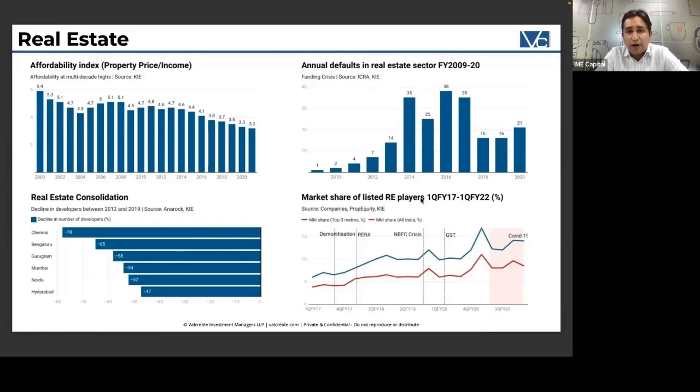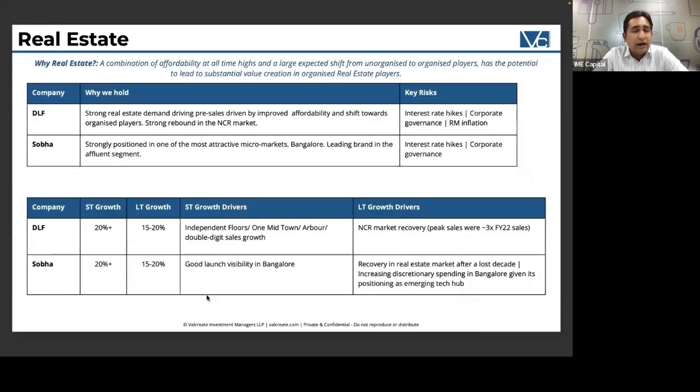You've seen a sharp rise in defaults and also a very large number of developers leaving the market. This is leading to a much faster than expected formalization of the real estate sector. And since all of the listed players are larger organized players, there's a large value migration happening towards them. So within real estate, we have investments in DLF and Sobha.